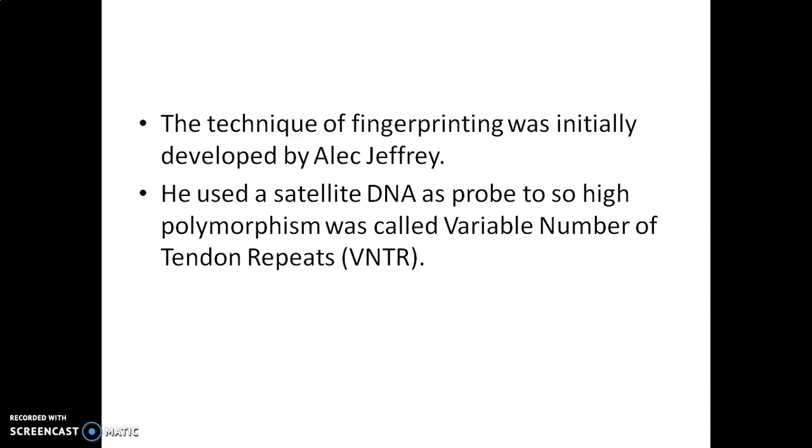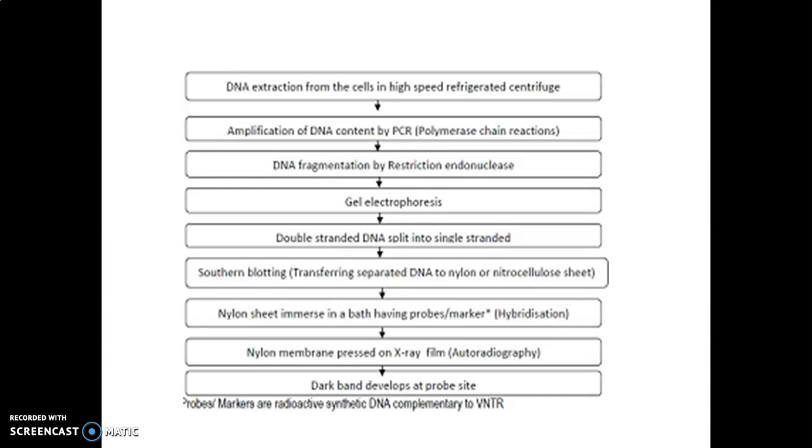The technique of fingerprinting, now let's discuss the steps. It was initially developed by Alec Jeffreys. He used satellite DNA as a probe to show high polymorphism, called VNTR, variable number tandem repeats.